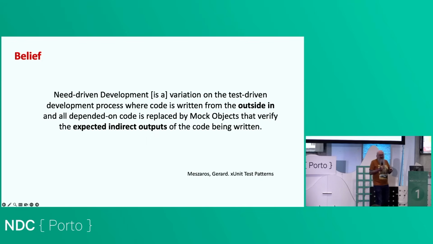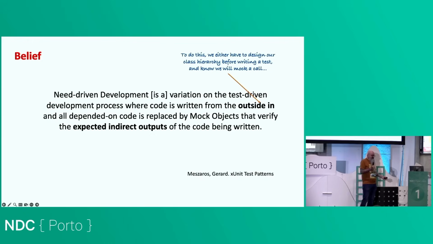So in other words, you start effectively at the outside with the kind of function or method that you're getting under test. And all dependent upon code is replaced by mock objects that verify the expected indirect outputs of the code being written. So in other words, if I have any kind of collaborator, then I'm going to replace it with a substitute, and I'm going to verify in my test the calls I make to that substitute.